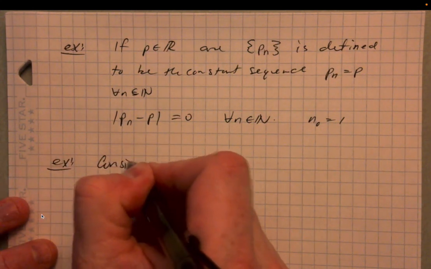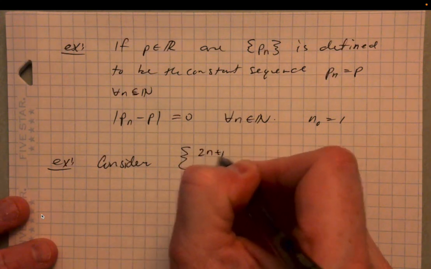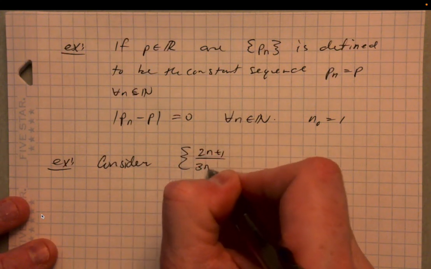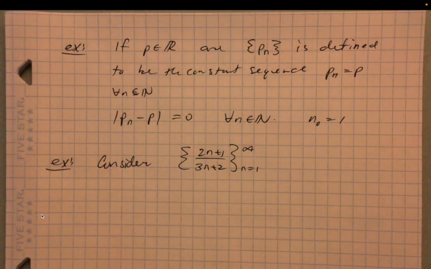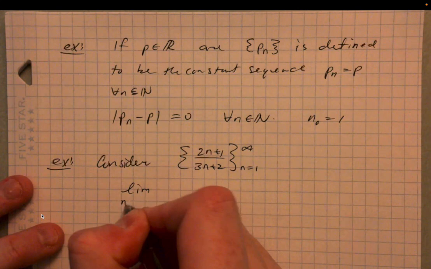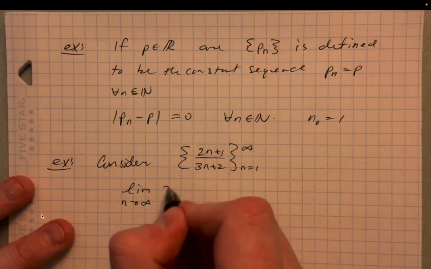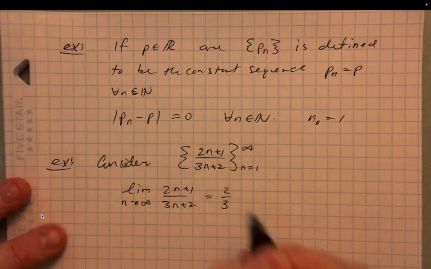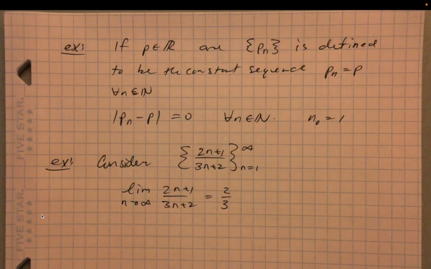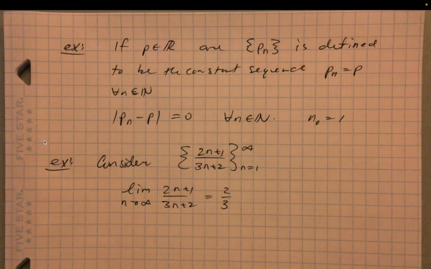Let's try another example, something more complicated. Let's consider this sequence, 2n plus 1 over 3n plus 2, where n is a natural number. Now we know the limit as n goes to infinity, this is just a ratio of two polynomials. We know that that limit is equal to 2/3, right? Let's try to prove it using the idea of an epsilon neighborhood style proof.